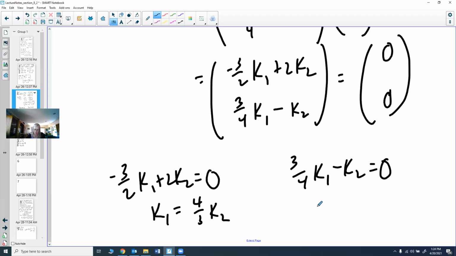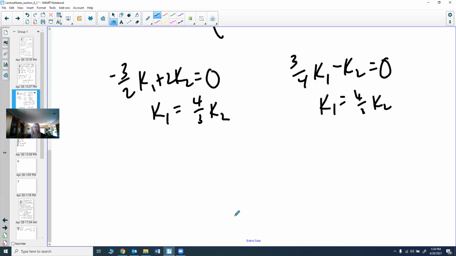And this one also says that k1 is equal to 4/3 k2. Well, that doesn't look like it helped me very much because we basically have the same thing. We can't find out what k1 and k2 are, but we can pick something to let either k1 or k2 equal, and then find the other one.